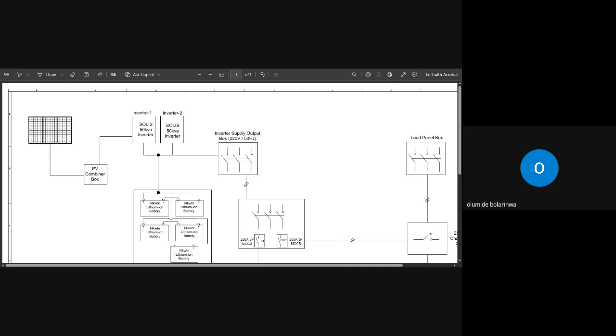Am I passing this across? Yes, sir. So, now you have a storage capacity of 100, but 24 wants to serve you. But to have extra power in your system, your inverter must be higher than your solar panel.